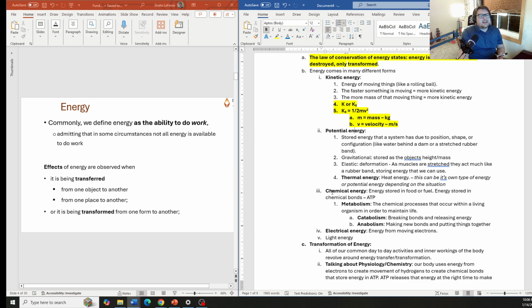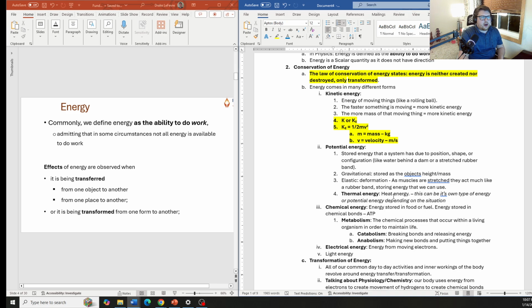Even down here below, chemical and electrical energy are technically under the umbrella of potential energy as well, but depending on which physicist you talk to, it's not super cut and dry that it's all potential energy, because it depends on the exact situation and how it's actually described. So for testing purposes in this course, understand chemical energy and electrical energy are all under the umbrella of potential energy. But out in the real world, that might not be a hard truth.